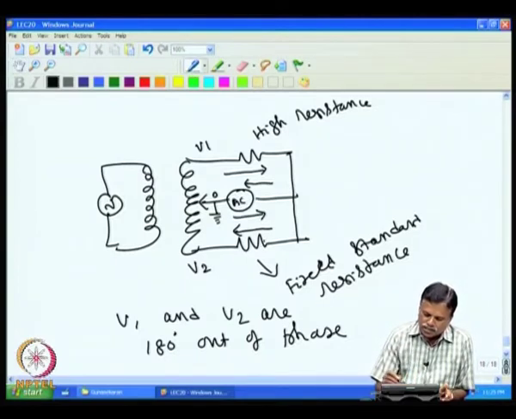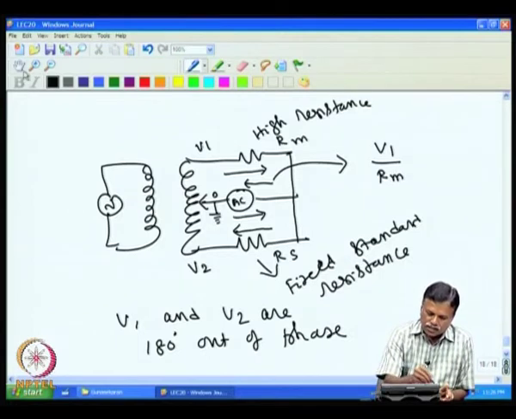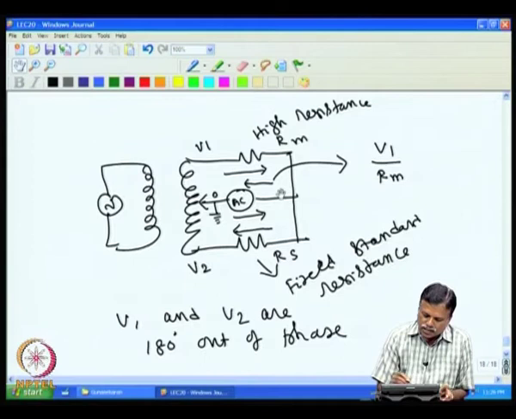One current is given by V1 by Rm, the measurement resistance, and this is Rs. So V1 by Rm is the current flowing in this arm, and V2 by Rs is the current flowing in the opposite direction. At balance both are equal.